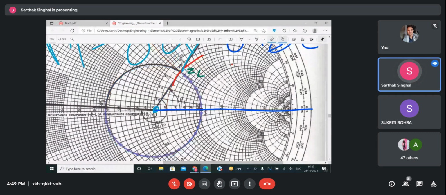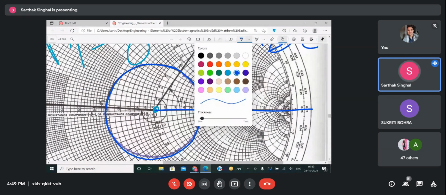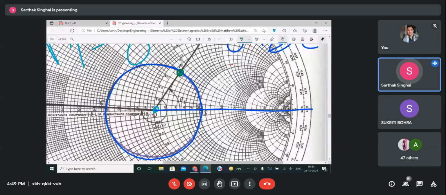Input impedance, Zin, right? Now I am going to calculate the value of input impedance. See, I have drawn this circle, and I have this P point also, which is your ZL, right?